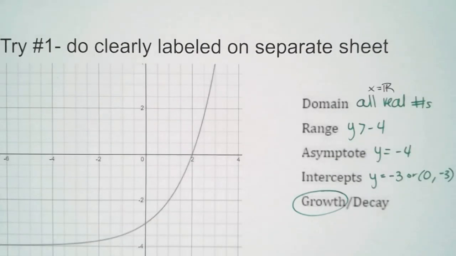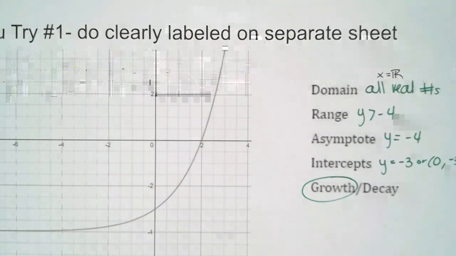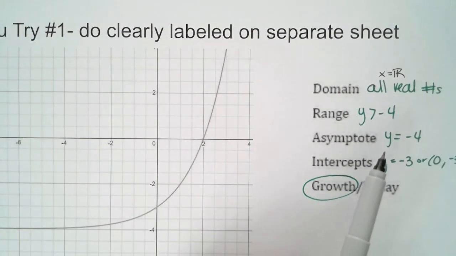This is what you should have gotten. So the domain, all real numbers, it's going forever to the left and to the right. The range, looks like we don't ever cross this -4, excuse me, sorry about that. So we never actually cross this y equals -4 line, so we have an asymptote there.